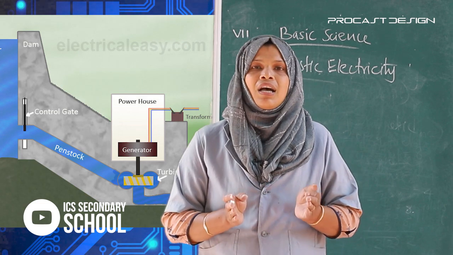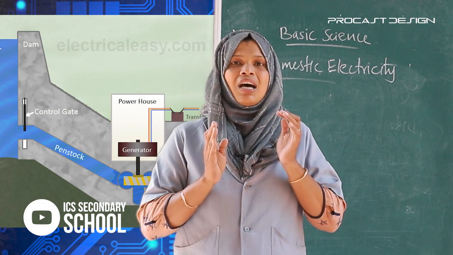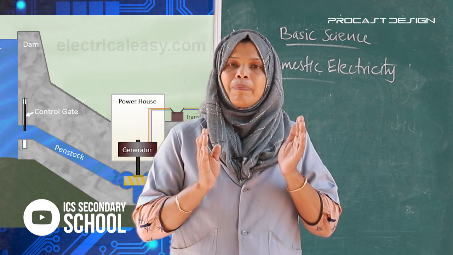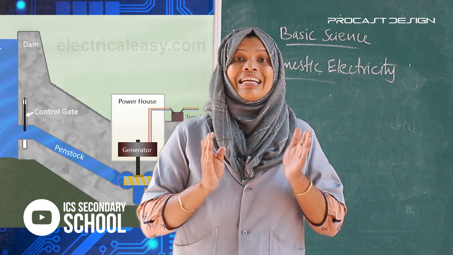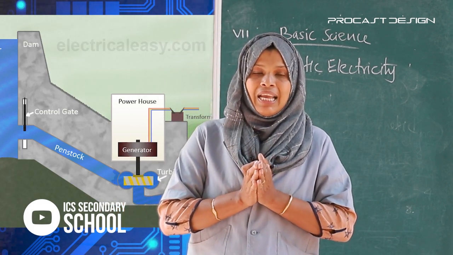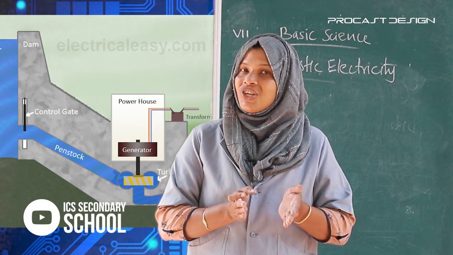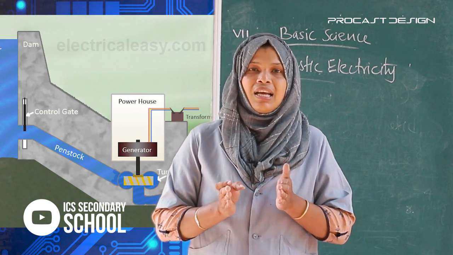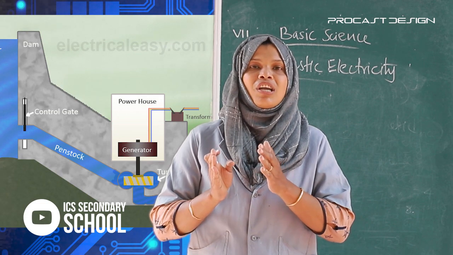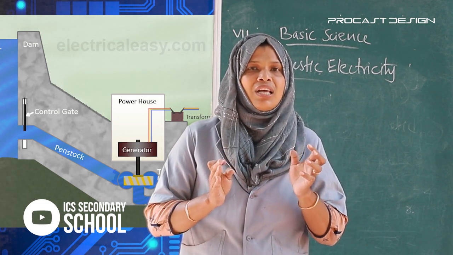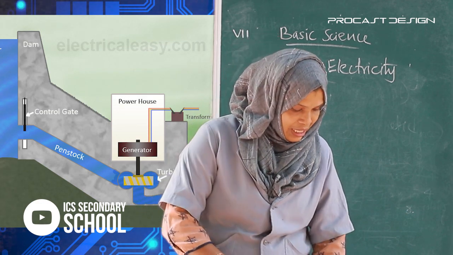Due to the flow of water, the turbines rotate, and the generator works, and that will lead to the production of electricity. There are many arrangements to control the flow of water. Look here.